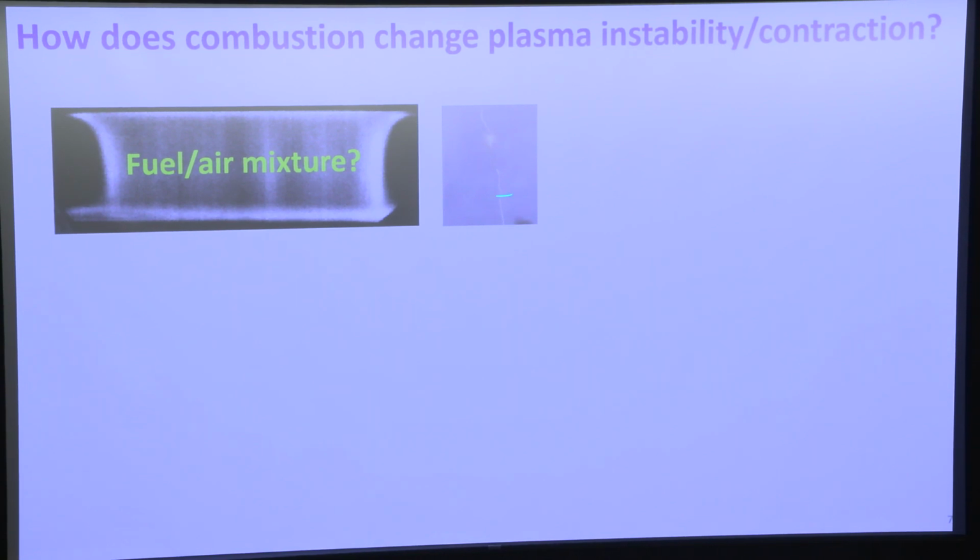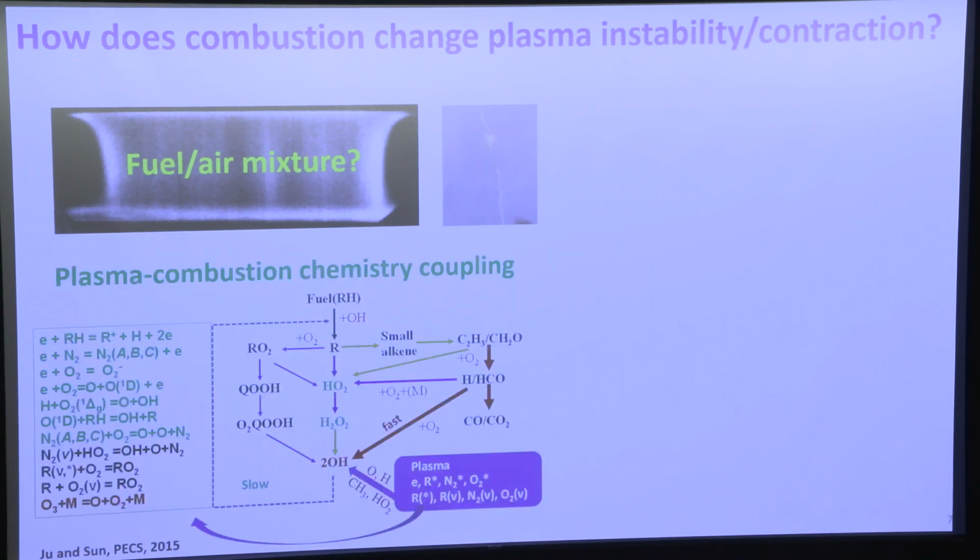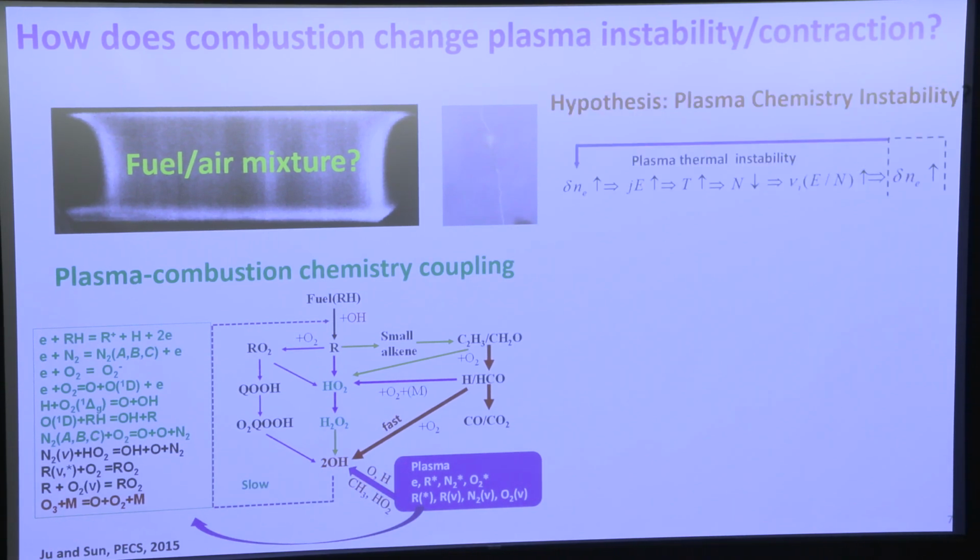You have a hydrocarbon mixture with high temperature, intermediate temperature and low temperature chemistry, plus plasma, coupling with a lot of reactions. The question is how this is going to affect my instability. It was just out of curiosity. When I came back from my trip, I submitted a proposal to the National Science Foundation. I said I want to study something new, instability.